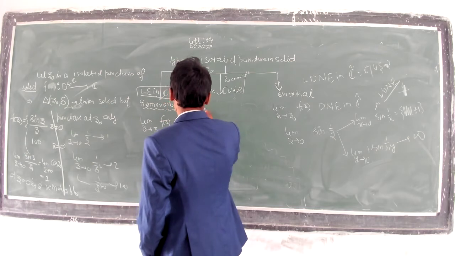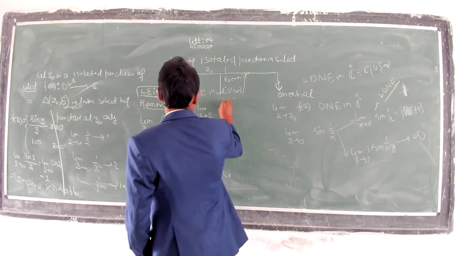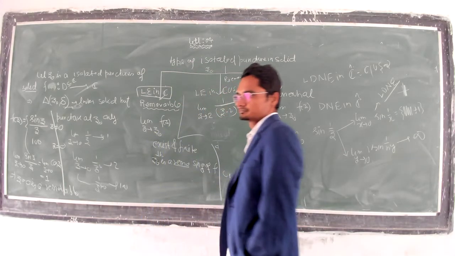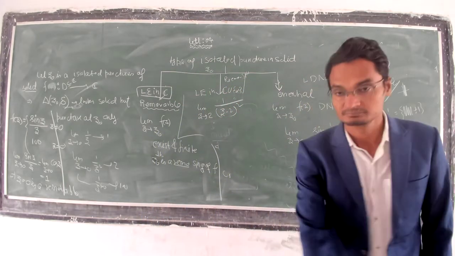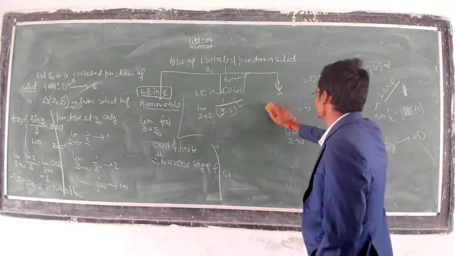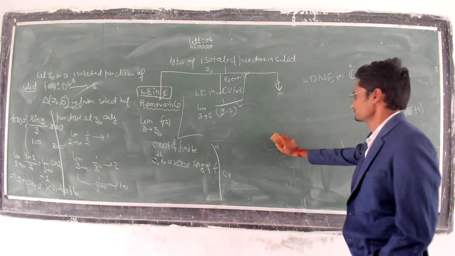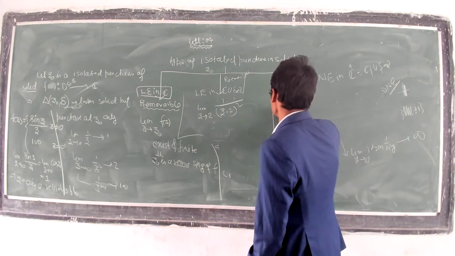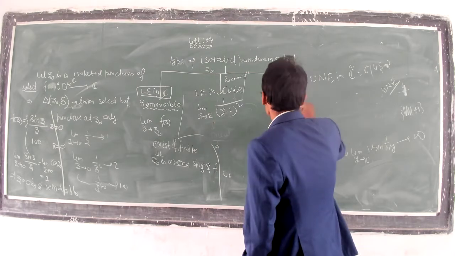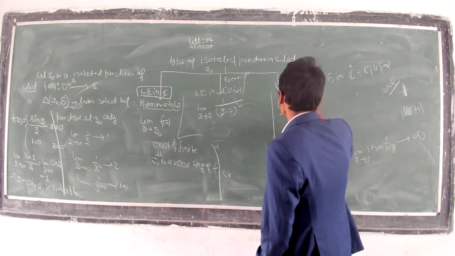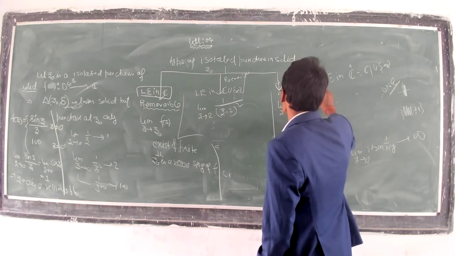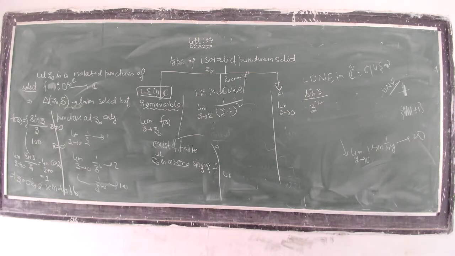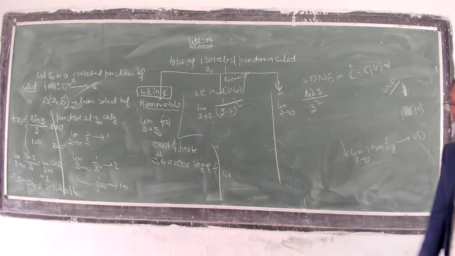Now the limit z tending to 2 of 1 over (z minus 2) whole square. Calculate. Another one: let me calculate this.